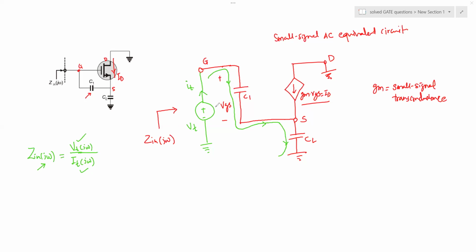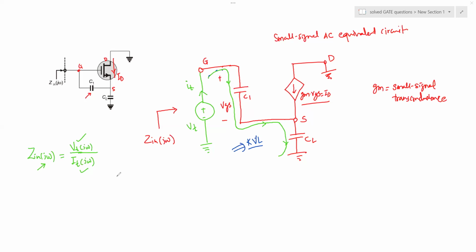Okay, so what you do here is basically take an input loop where you can apply Kirchhoff's voltage law, KVL, to the circuit to calculate the value of your Z of t. So let us do that step by step.